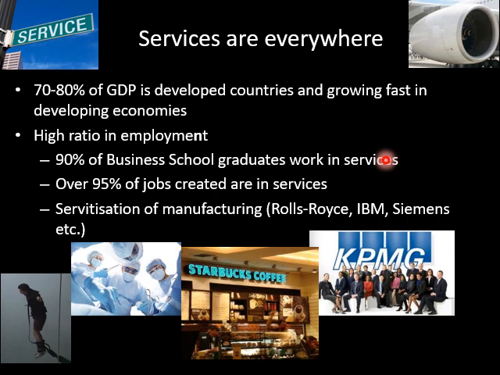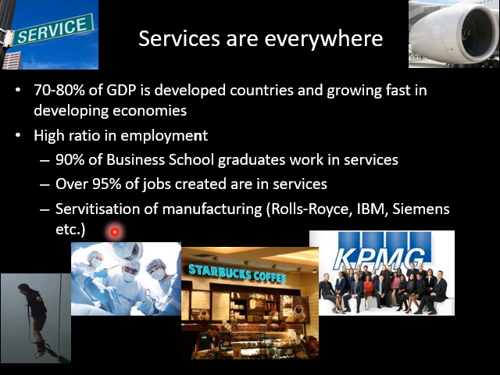And of course, services are everywhere. So 70 to 80% of GDP is delivered by services. There is a high ratio of employment, and consequently services are everywhere you look. And we talked earlier about servitization, and even products like aircraft engines becoming services.